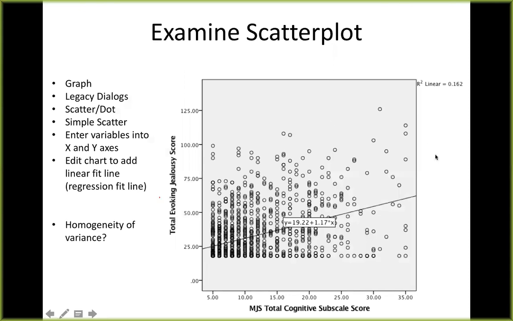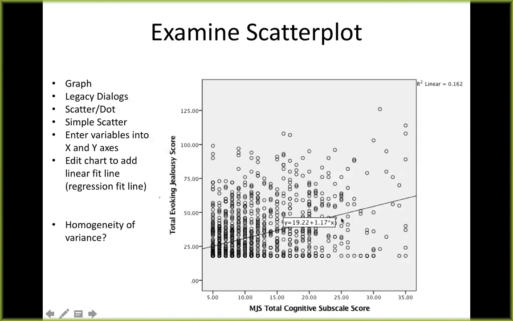And then we have the scatter plot here, and I've put the regression line on there, and I'll go into SPSS and show you how to do all of this as well. When we're looking at linearity, if we look at this regression line, it does look like we can see some level of linearity in the relationship, such that as these scores get higher, these scores tend to get a little bit higher as well.